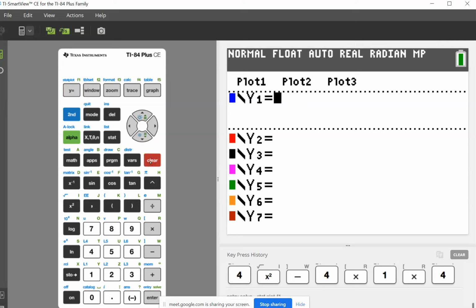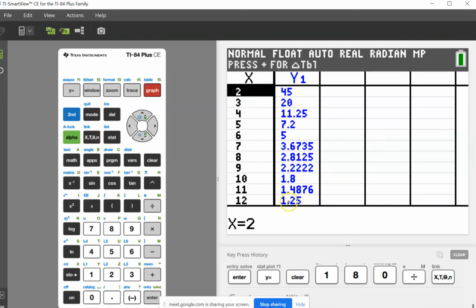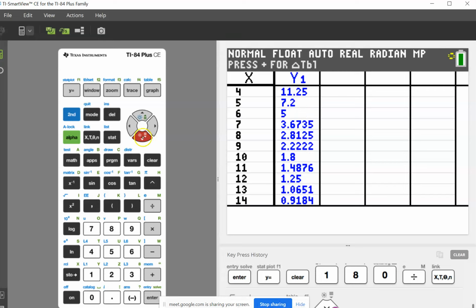So here, we're going to do 180 divided by x squared. Second table. As we look in this column, I would keep going down. We want to see if there is a 1, but there's not.